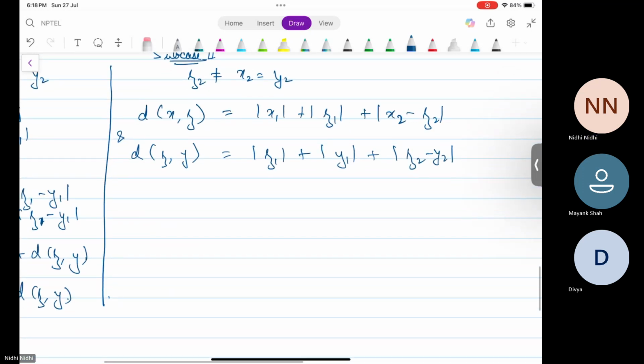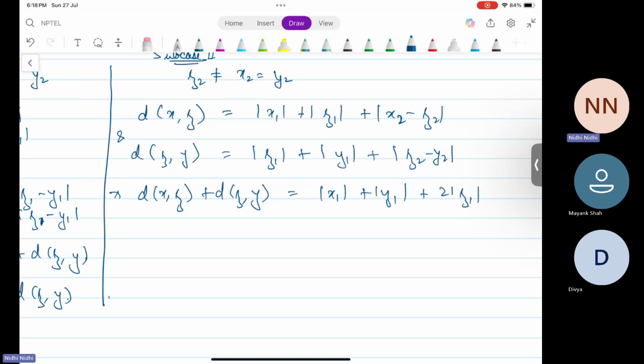So this implies dxz plus dzy is equal to mod x1 plus mod y1 plus 2 times mod z1 plus mod x2 minus z2 plus mod z2 minus y2.